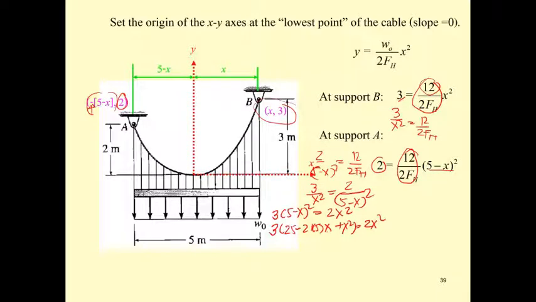So you get 75 minus 30x plus 3x squared equal to 2x squared. Okay, if you move this one here, it's going to be x squared minus 30x plus 75 equal to 0. And then you can determine x from what you have.